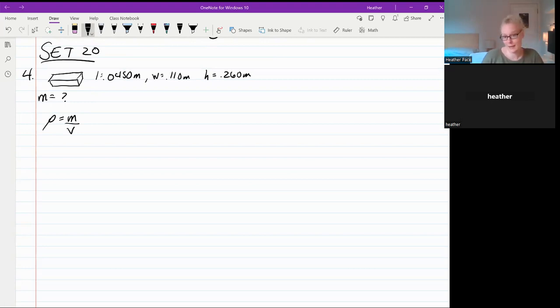So let's find the volume, and the volume is just length by width by height, which we are given.